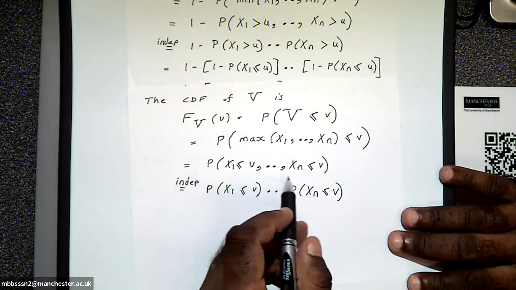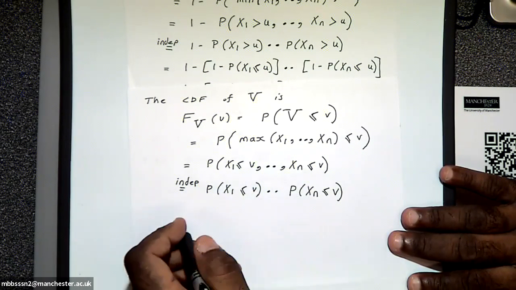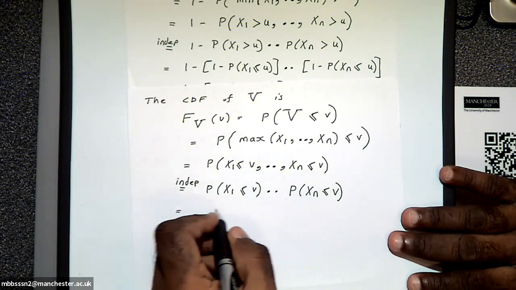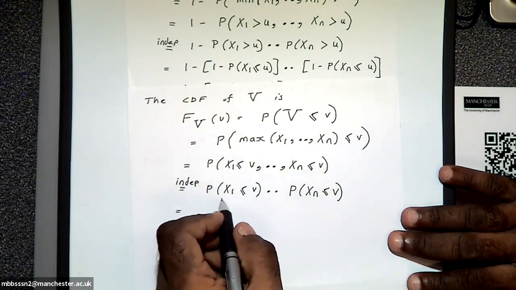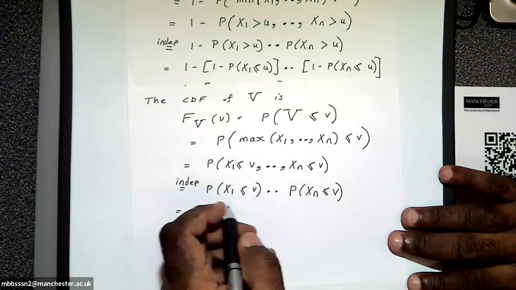Because of independence, you can write this probability as a product. Now, this is the CDF of X1 at v.